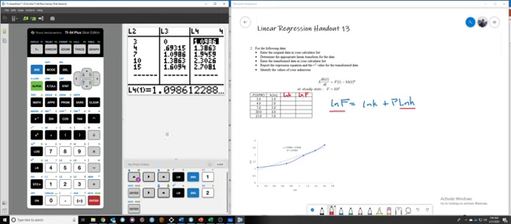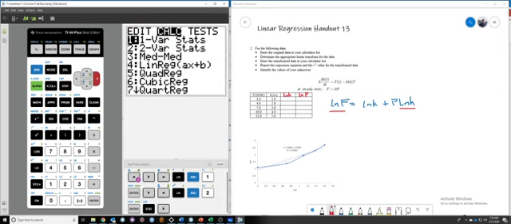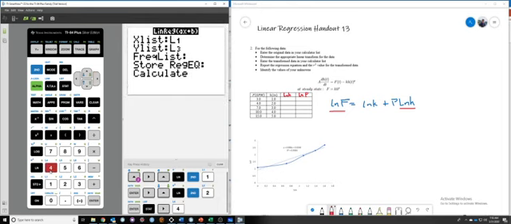Now I want to get my linear regression equation. I come over here to my stat menu, go over to calculate, and choose number 4, the linear regression. Instead of my x list being L1 this time, my x list is going to be L3, which is h.